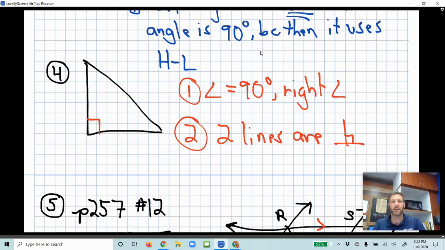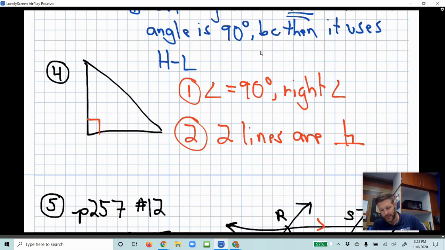Oh, that means that you have a right angle, and if you have a right angle, that means you have a right triangle, and if you have a right triangle, then that means you can probably use the HL theorem. So again, one more obvious clue is the fact that you have a 90-degree angle. The other more indirect clue is if they tell you you have perpendicular lines. It doesn't guarantee you're going to use HL, but it should be a definite alarm: okay, oh, I got perpendicular lines. That means I've got a right angle, right triangles. I'm probably going to use HL.